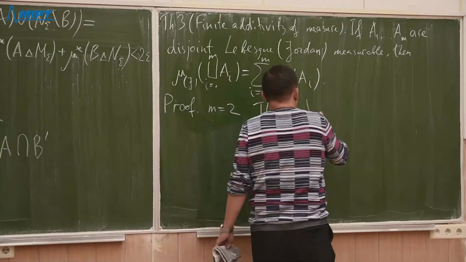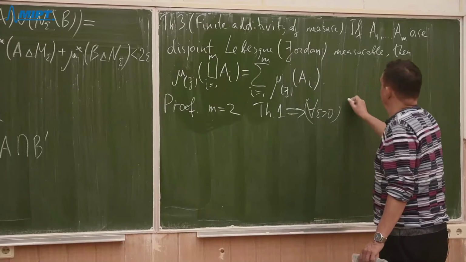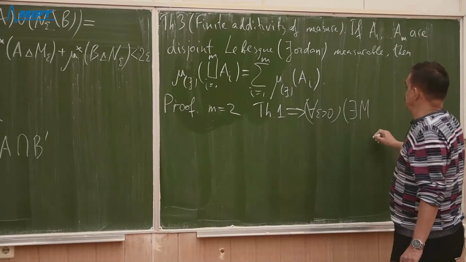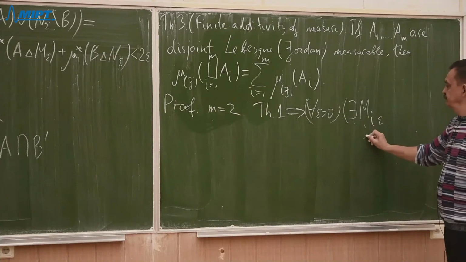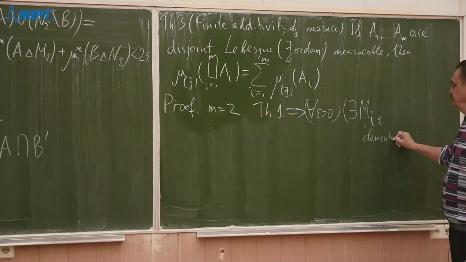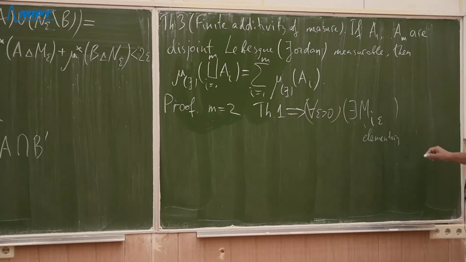It means that for arbitrary epsilon greater than 0, there exist elementary sets, let me say M_i,ε, elementary, such that, in fact, here now I know it is measurable, so the outer measure coincides with the measure.